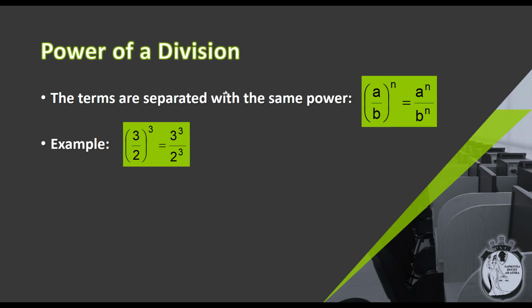The power of a division. Again, if you have one division and you raise the whole division to a power, you can separate every term and every term has the same power.